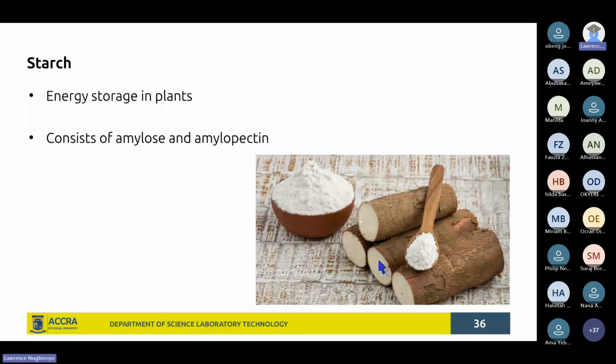So we're having Cx(H2O)x. Now, you see the plants make use of the ingredients carbon dioxide and water. And if you look, carbon dioxide contains what? Carbon and oxygen. Water, hydrogen and oxygen.